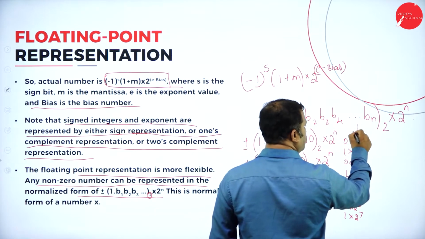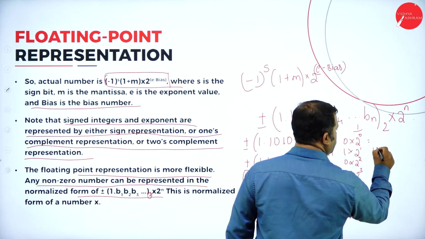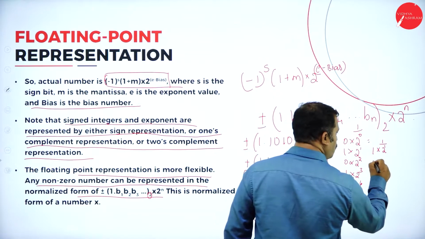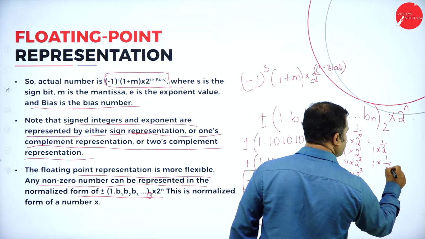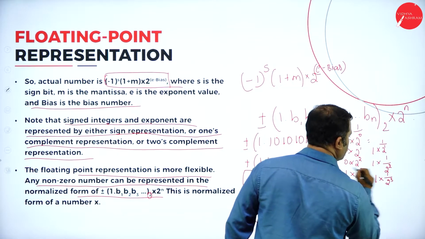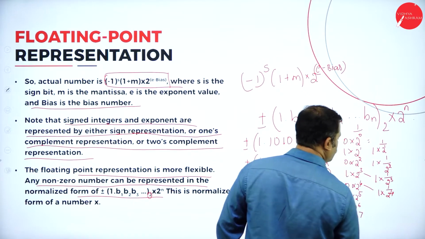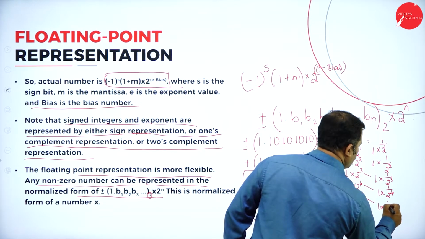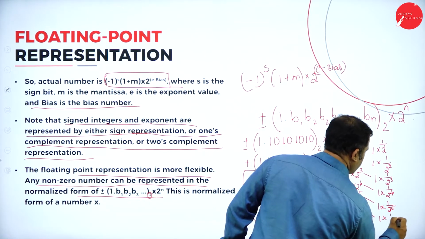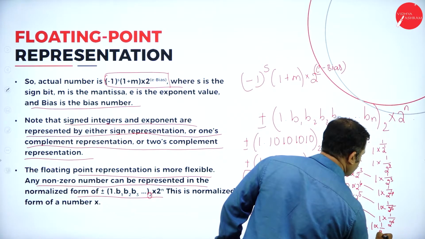If that is the case, 1 into 1 divided by 2 raised to the power of 1, 1 into 1 divided by 2 raised to the power of 2, this is 1 into 1 divided by 2 raised to the power of 3, then 2 raised to the power of 4, 5, 6, and 7.